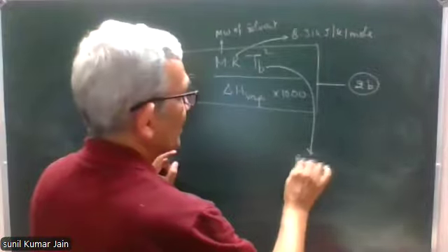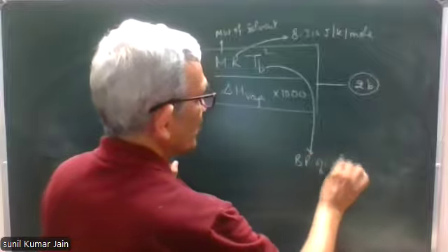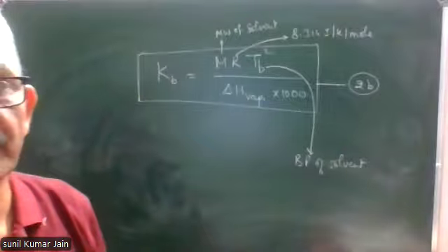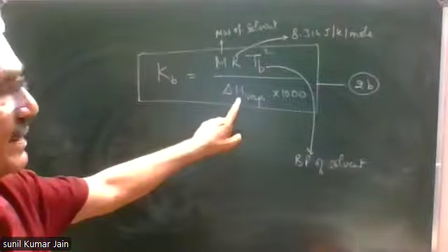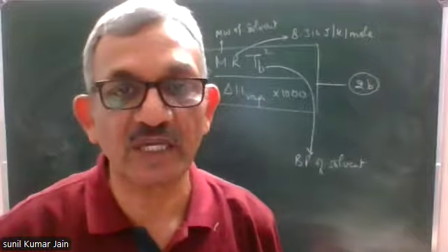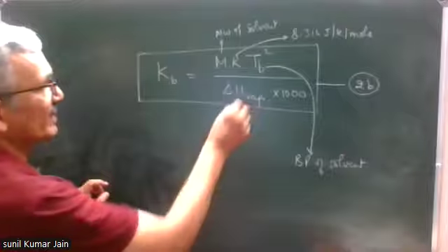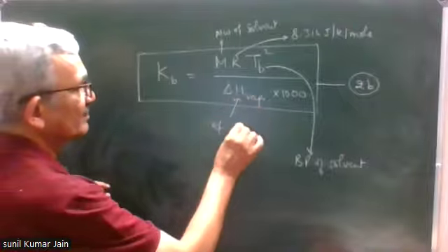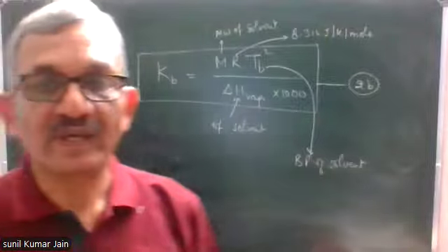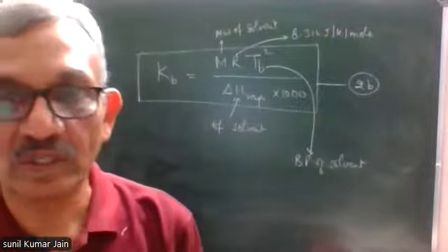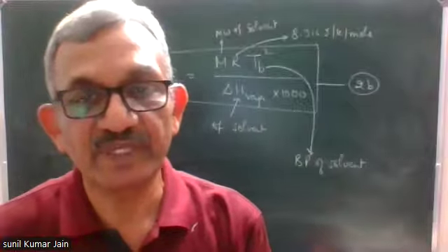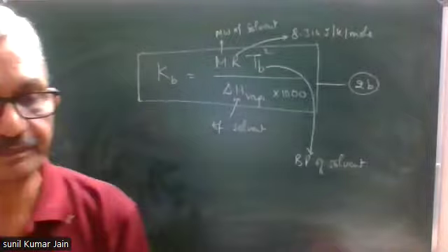Tb is boiling point of solvent. And this symbol, I hope you know, this is delta H vaporization, enthalpy of vaporization of solvent. So all parameters depend on nature of the solvent. Therefore, we say that value of Kb depends on nature of the solvent.